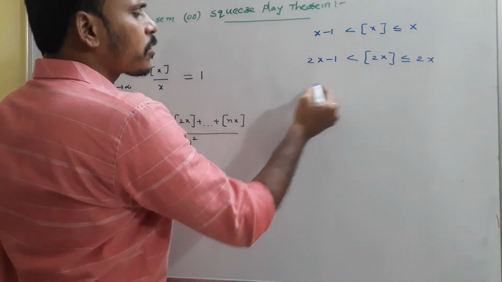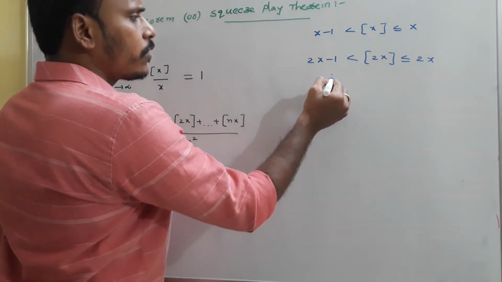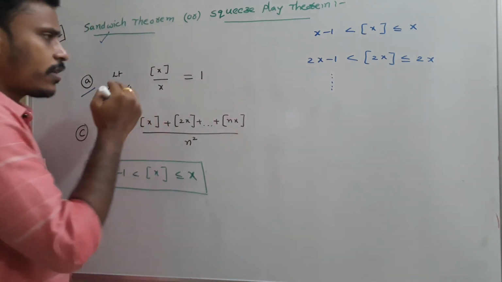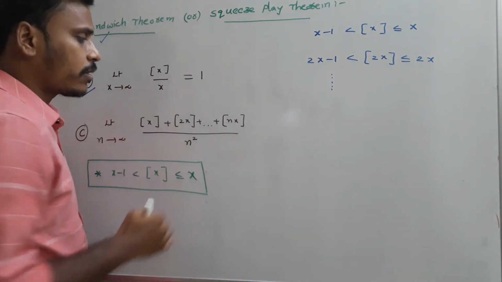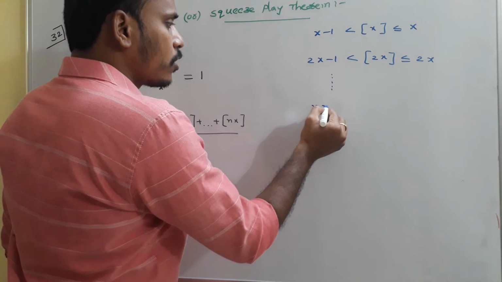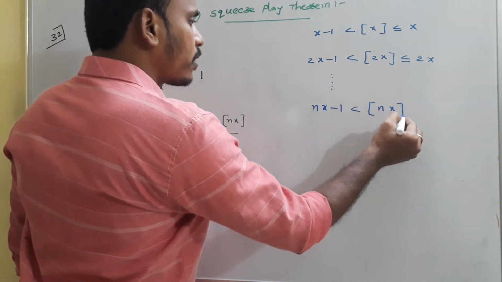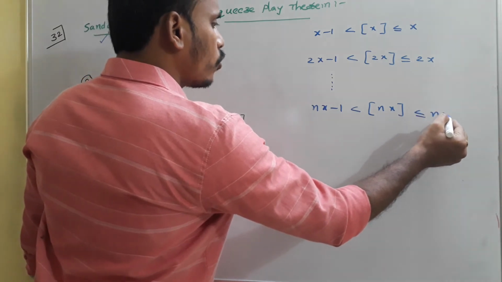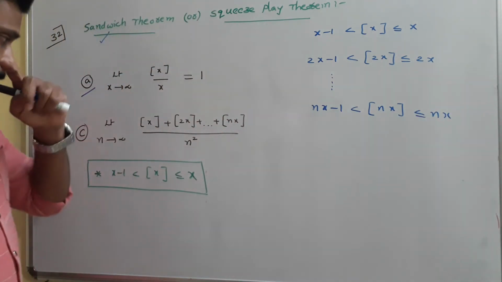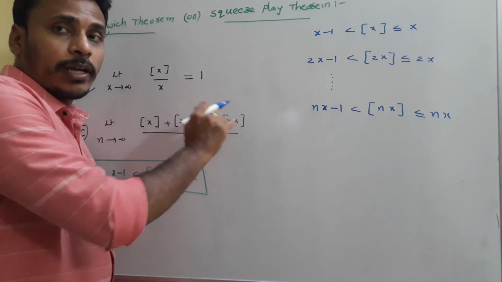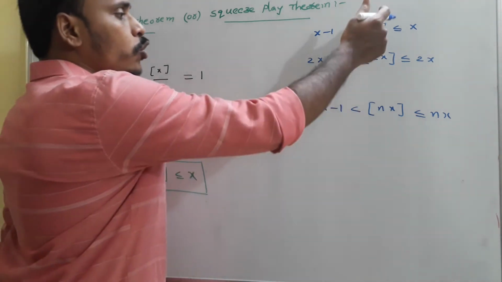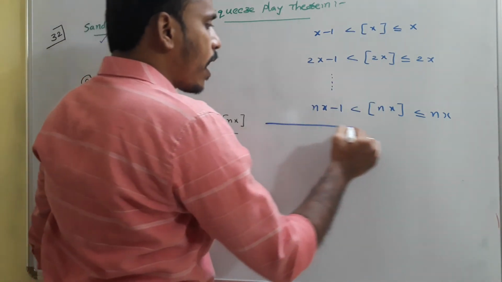And then 3x minus 1. Likewise we need to apply for everything: step x, step 2x, step 3x, at the end step nx. So nx minus 1 is less than step nx is less than or equals to nx. The numerator is step x plus step 2x plus and so on plus step nx. So we need to add all these things. So add them.